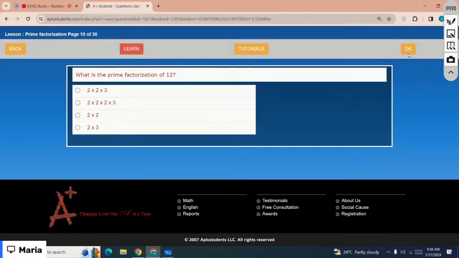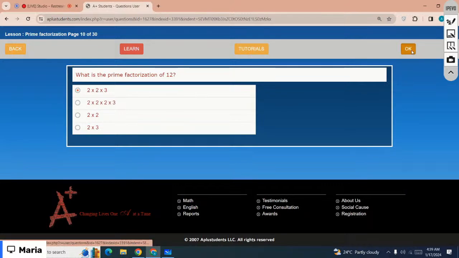What is the prime factorization of 12, which is the correct option? That is 2 times 2 is 4 and 4 times 3 is 12.